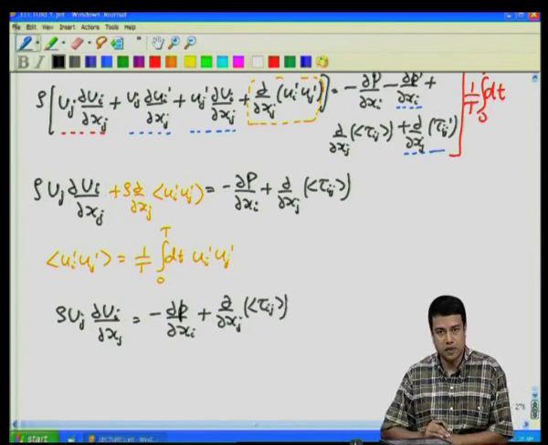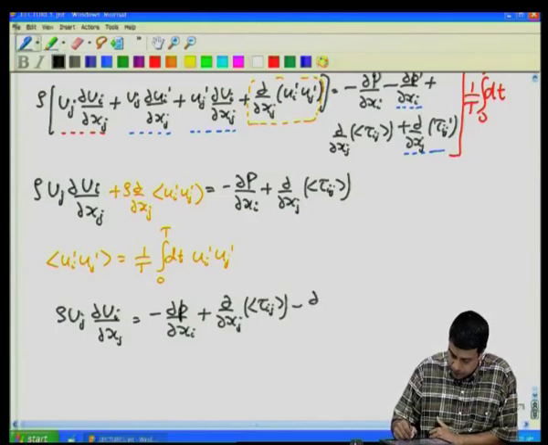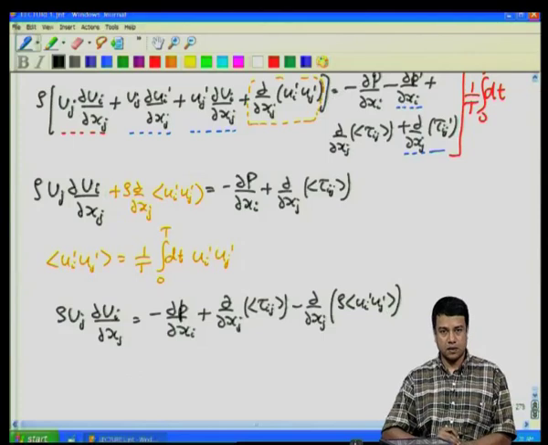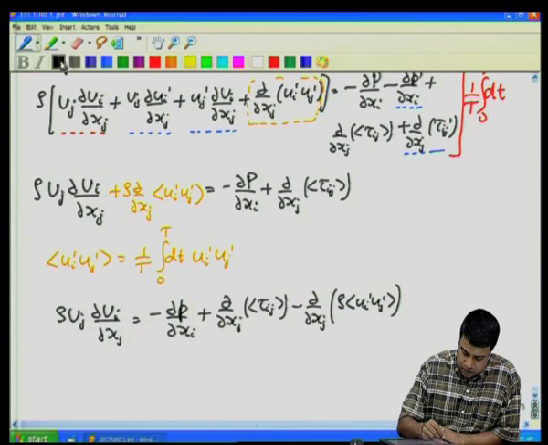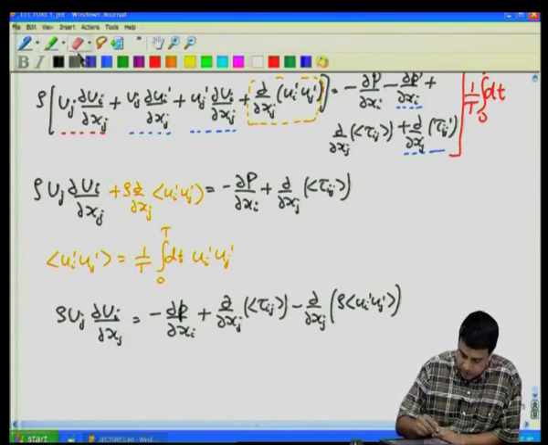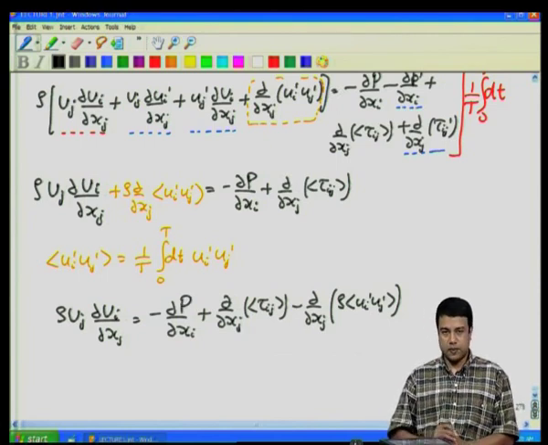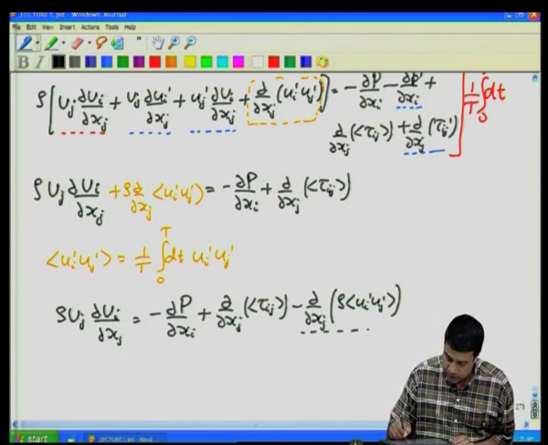This is the mean shear stress minus, okay, so this is the pressure gradient. I should be careful here. This is the mean pressure gradient plus the viscous stress minus this additional term here.